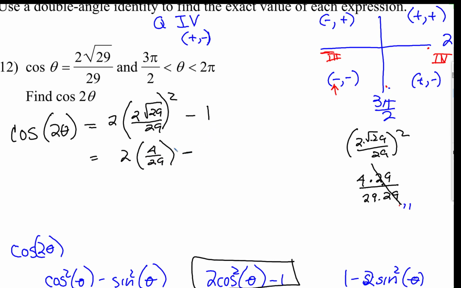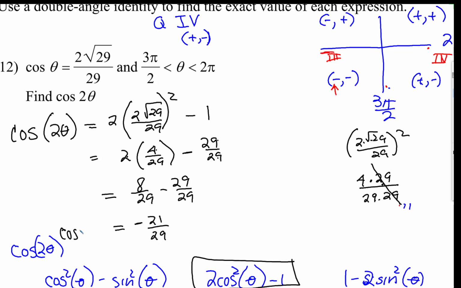So 2 times 4 over 29. Now we're going to subtract. Since 29 is in the denominator, when we subtract 1, we can write it as 29 over 29. So 2 times 4, we have 8 over 29. Subtract 1, or 29 over 29. Well, when we do the subtraction, 8 subtract 29 is negative 21 over 29.